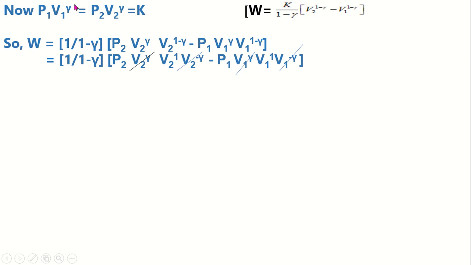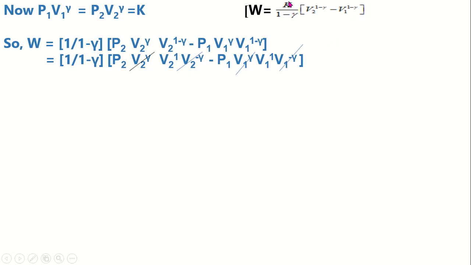So here, you know, for adiabatic process, PV to the power gamma equal to constant. So we can write P1 V1 to the power gamma equal to P2 V2 to the power gamma equal to constant K. But from the previous slide, we get W equal to K by 1 minus gamma into V2 to the power 1 minus gamma minus V1 to the power 1 minus gamma.